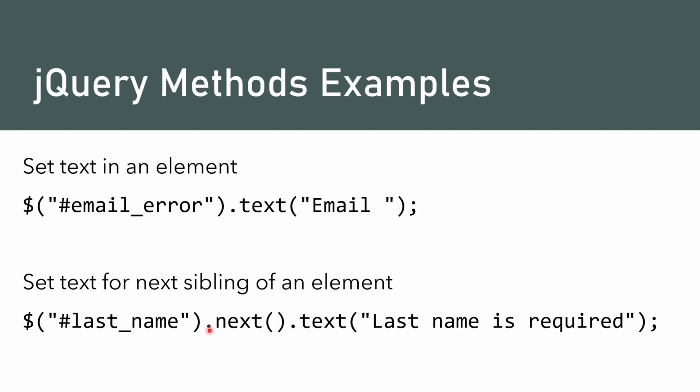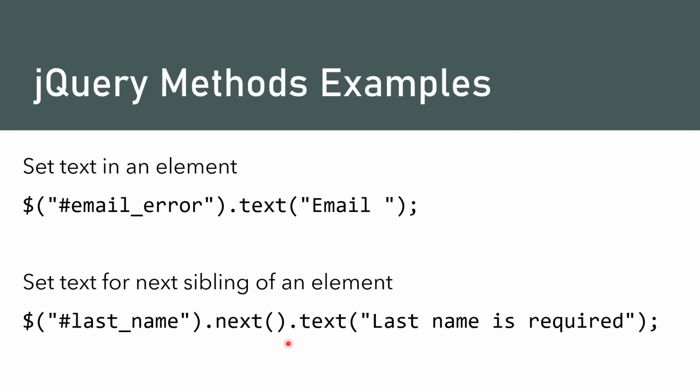So this will select the element with the ID last name, then dot next will take that element and return the next sibling of that element. And then once we have that next sibling element, the dot text method will set the text of the sibling element we now have to this string literal last name is required.